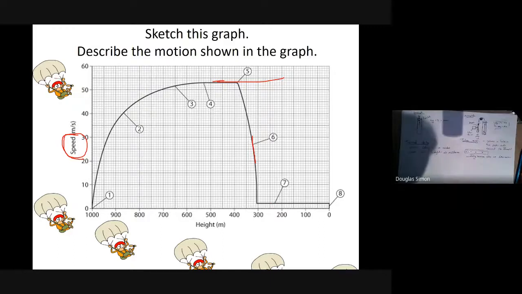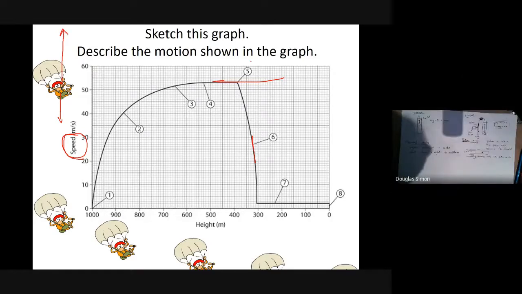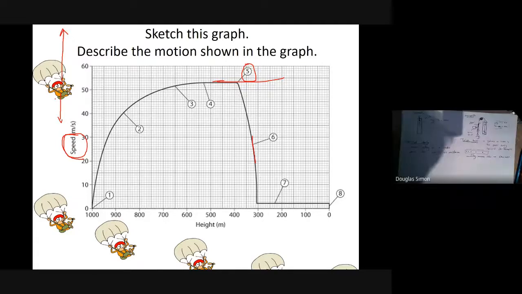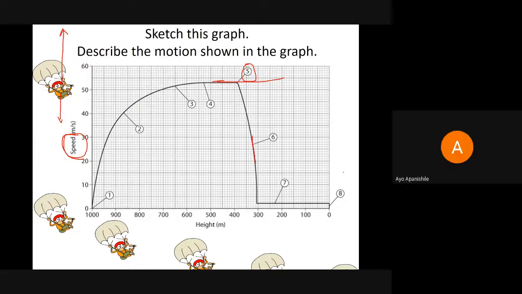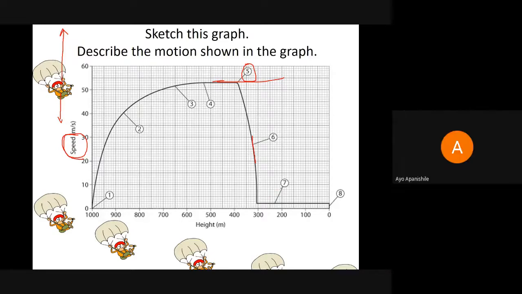Yep, so instead of accelerating downwards, it's accelerating upwards. Good. So what do you think's happened at 5? Oh, the parachute was deployed. Good. And then it slowed down the speed, and it increased the acceleration, but in the other direction.